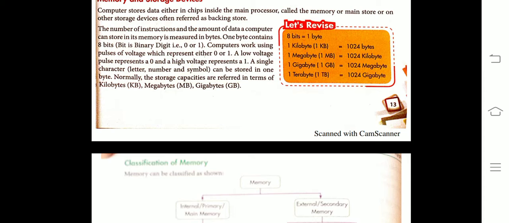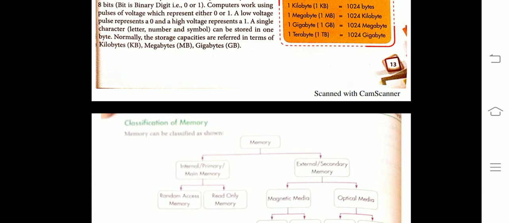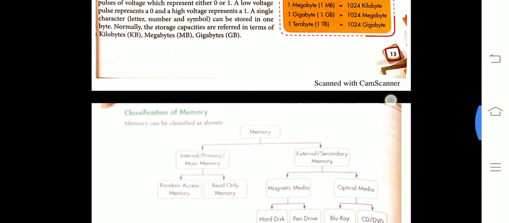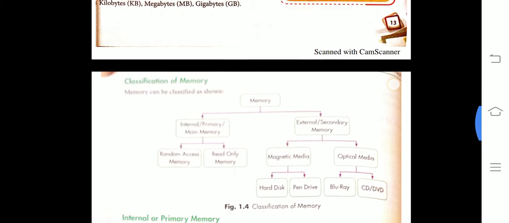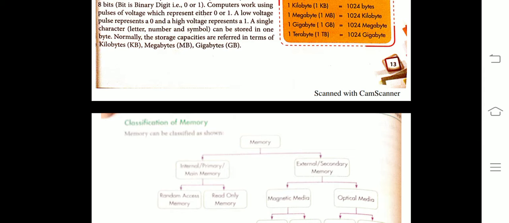In memory storage we discussed that 1 byte equals 8 bits, 1 kilobyte equals 1024 bytes, 1 megabyte equals 1024 kilobytes, 1 gigabyte equals 1024 megabytes, 1 terabyte equals 1024 gigabytes, 1 petabyte equals 1024 terabytes, and 1 exabyte equals 1024 petabytes.